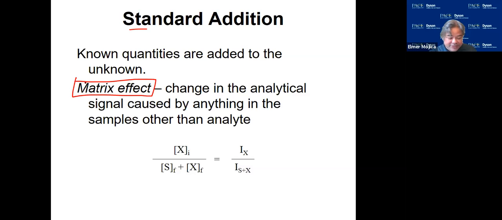Remember the matrix that I have discussed to you earlier? If we have a matrix effect, the change in the analytical signal is caused by anything in the sample other than the analyte. So when the sample composition is unknown and you have a matrix complex, that matrix complex can affect the analytical signal.